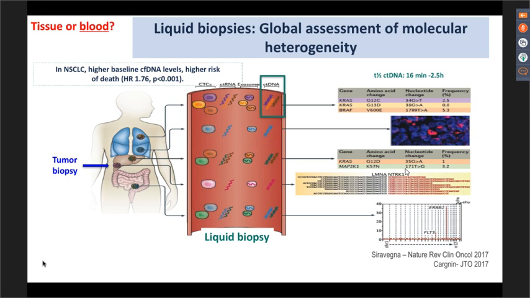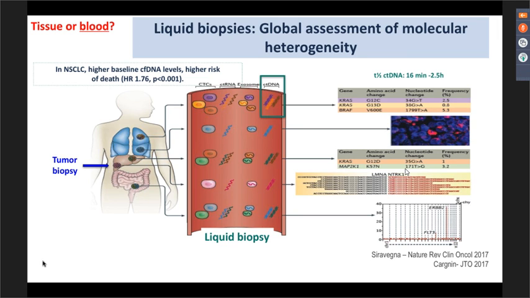The other possibility is to analyze blood samples, liquid biopsy, which is the subject of this webinar. And I think that Dr. Rothwell already explained to you the advantages of using liquid biopsy.